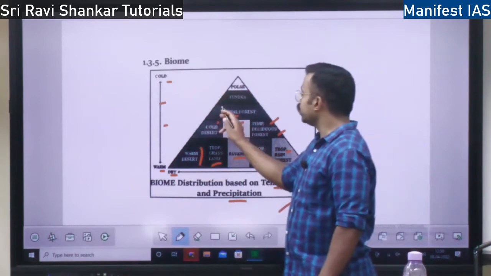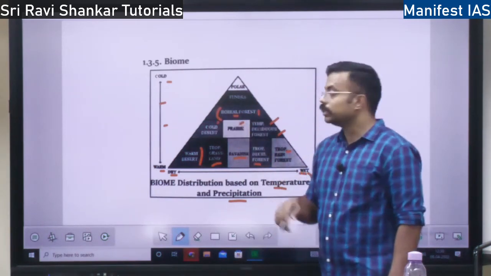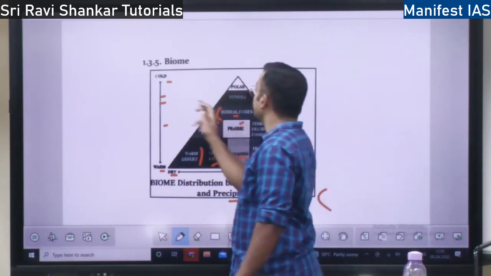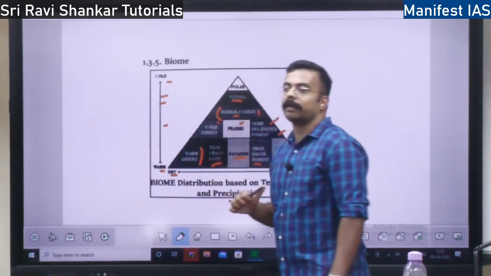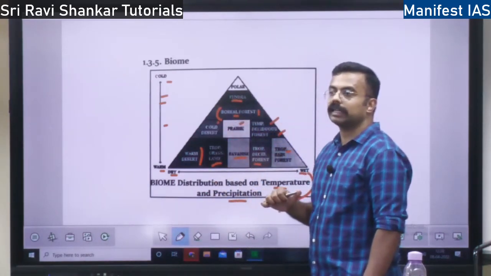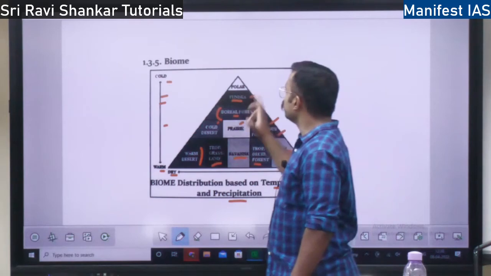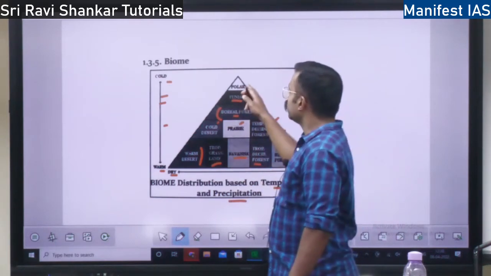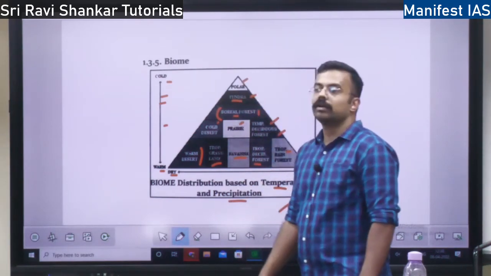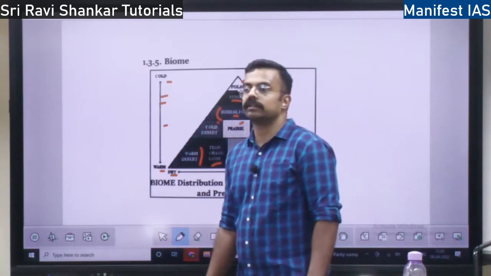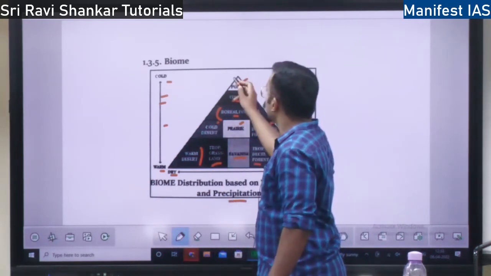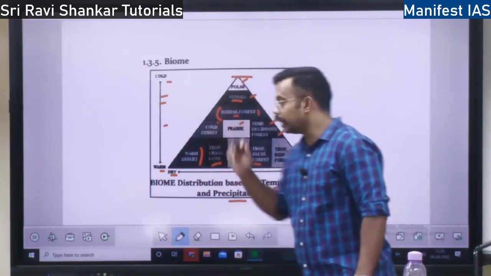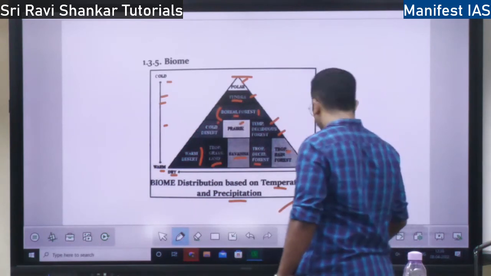Some more coldness, you will find the tundra region. Then the coldest part, you will find the polar region, right? Polar region is the coldest part. Clear? So this is the distribution of biomes.